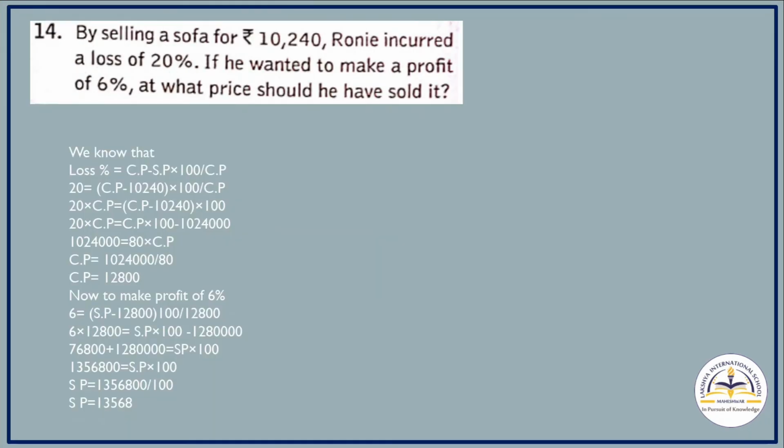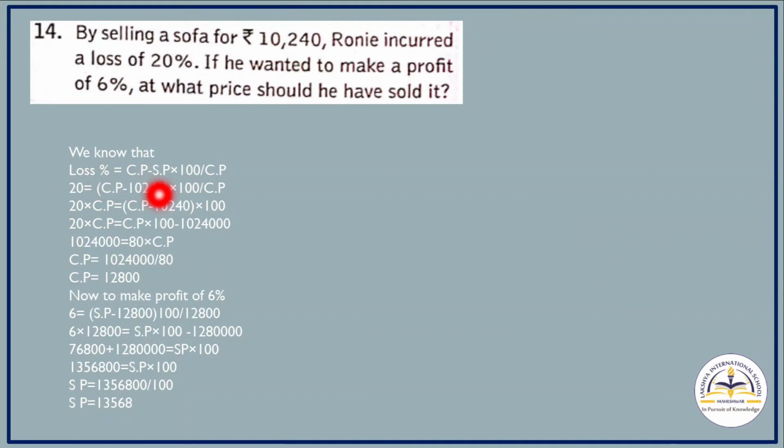Question number 14. By selling a sofa for rupees 10,240, Ronnie incurred a loss of 20%. If he wanted to make a profit of 6%, at what price should he have sold it? Now here it is given loss of 20%, and we have to find out the cost price also.